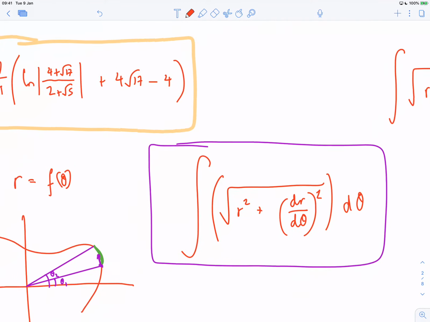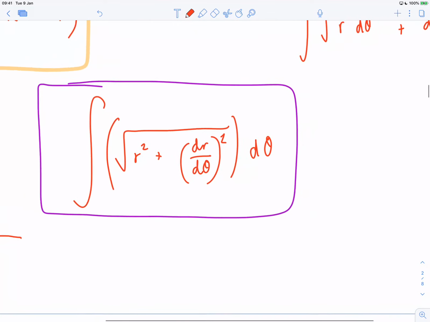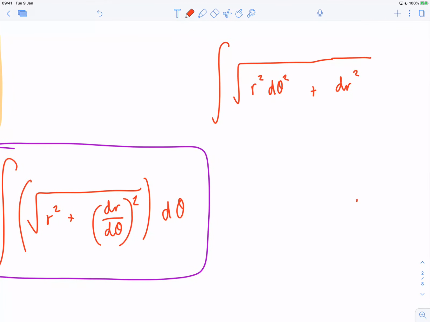I wonder how that corresponds to the diagram. If I've got a particular arc, r d theta is going to be the arc length. dr squared is the change in r.